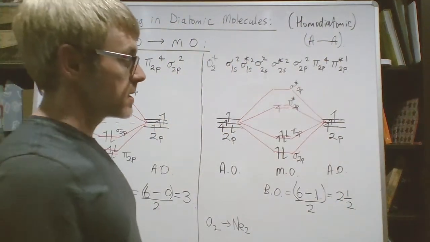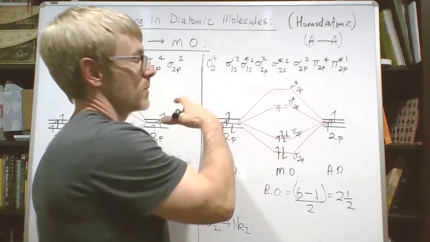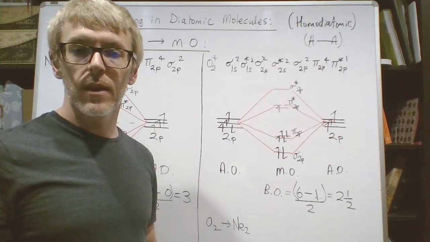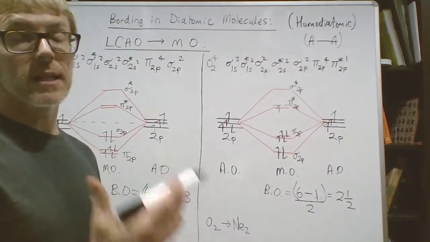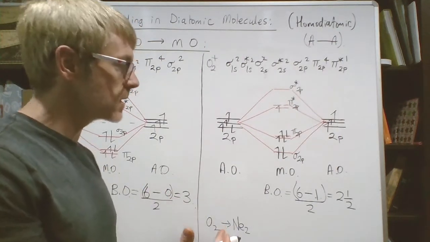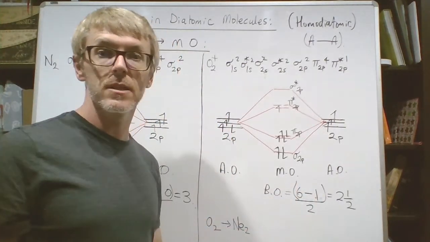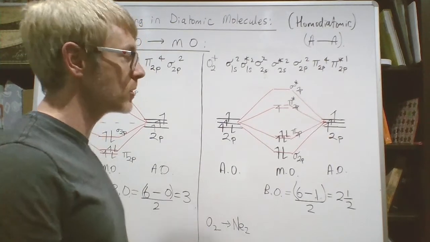So notice counterintuitively, by making O2 positive, now it's counterintuitive because oxygen is electronegative and it wants electron density, but by taking an electron away, we actually make something that's more stable because it has a higher bond order.